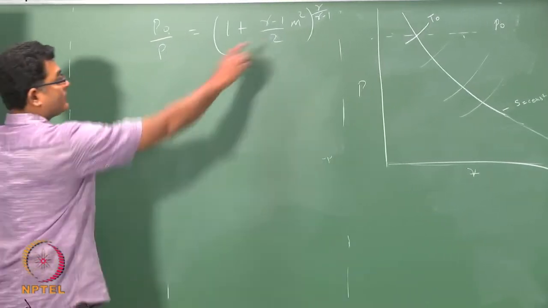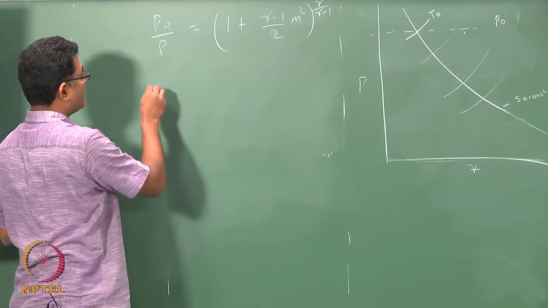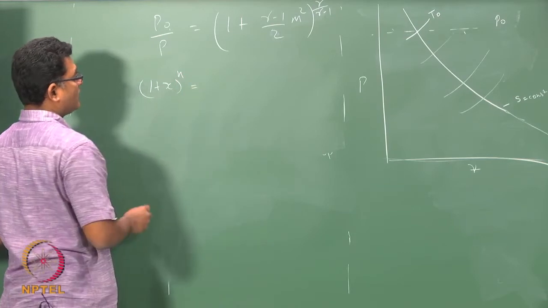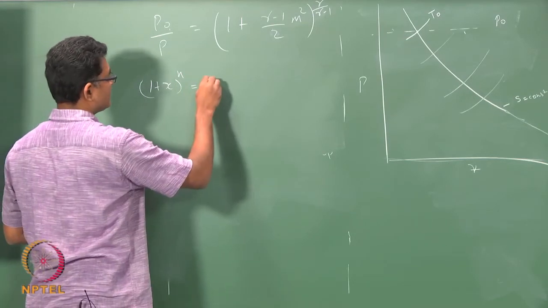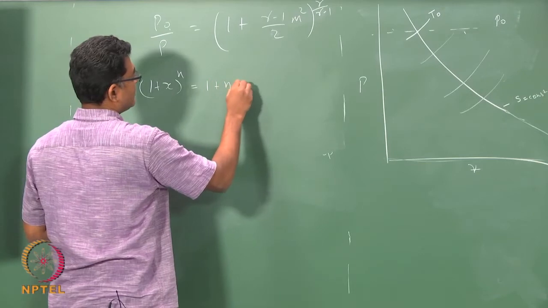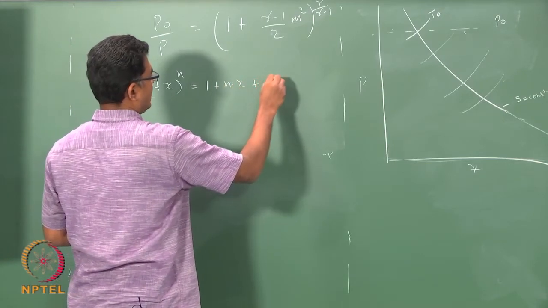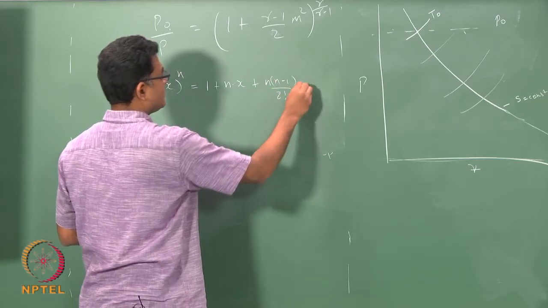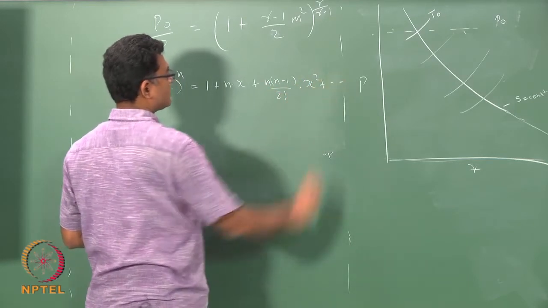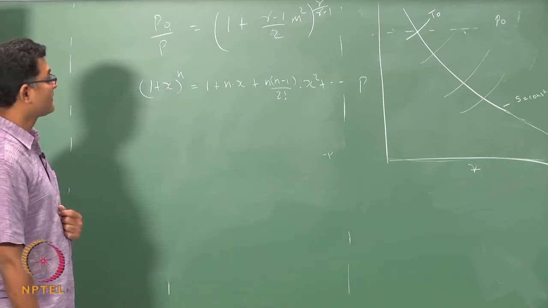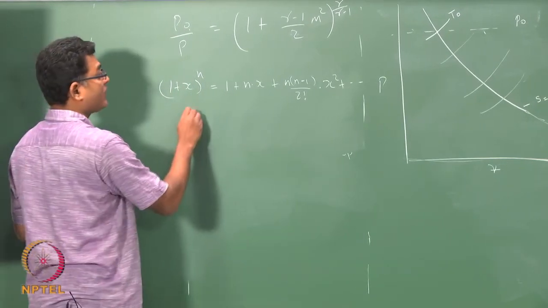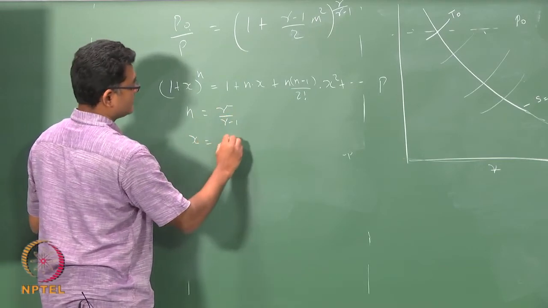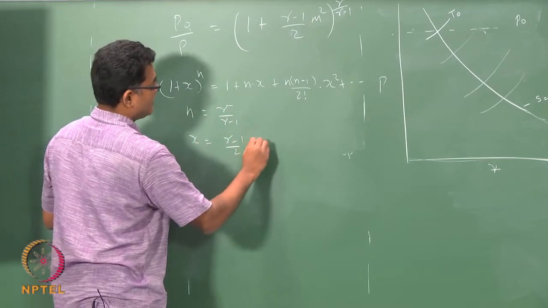Now, this variation depends on Mach number. So, what I am going to do now is expand this using the binomial theorem as the following: 1 plus n into x plus n into n minus 1 by 2 factorial into x square and so on. Okay. So, here my n is gamma by gamma minus 1 and my x is gamma minus 1 by 2 M square.